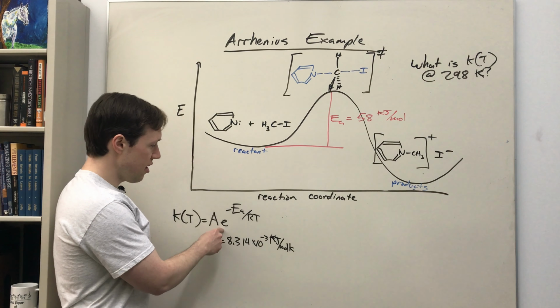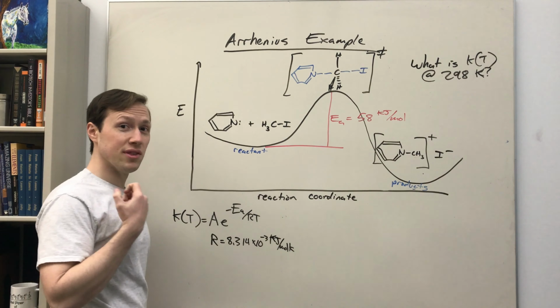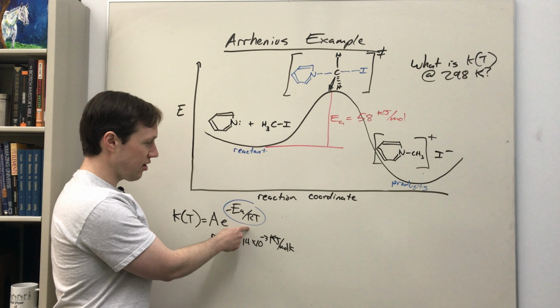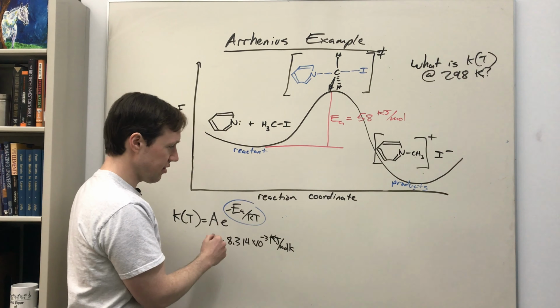In this case, you can't take an exponential of something with units, so we need everything up here to have its units cancel out. That's going to work out okay because our activation energy is being divided by R, which will cancel out kilojoules and cancel out moles, and the temperature will cancel out the kelvins in there.